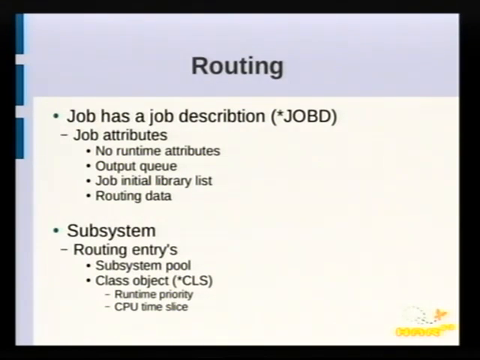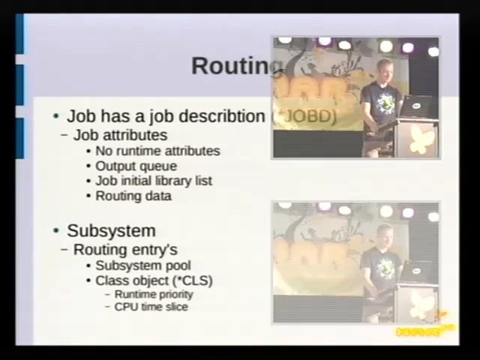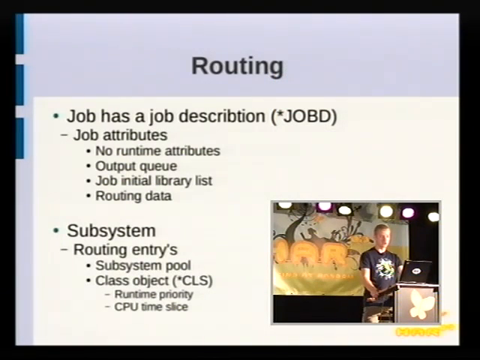And when the job is taken off the job queue by the subsystem, it compares this routing data with a few routing entries, and the routing entry defines which subsystem pool the job should run in, and also it chooses under which class the job should run. And there, in the class object, are the runtime attributes of the job.